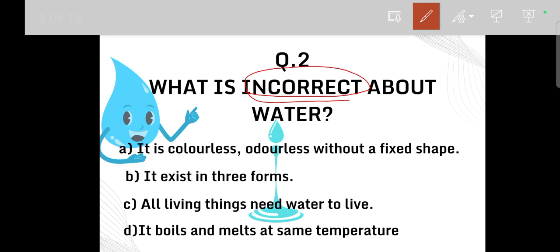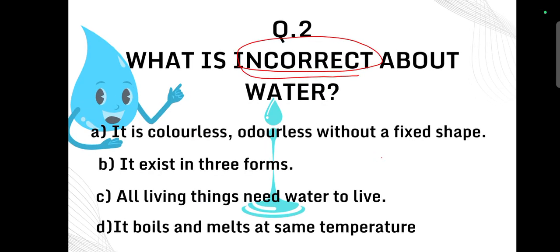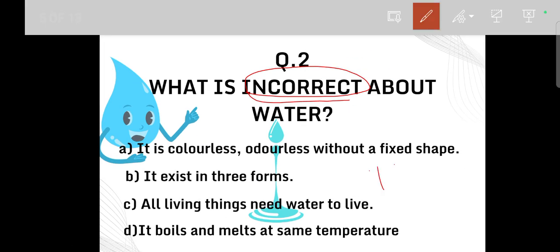Last option, it boils and melts at the same temperature, which is wrong, which is incorrect, because water boils at 100 degrees centigrade and it melts at 0 degree centigrade or above. So the incorrect statement about water is the last one, D.